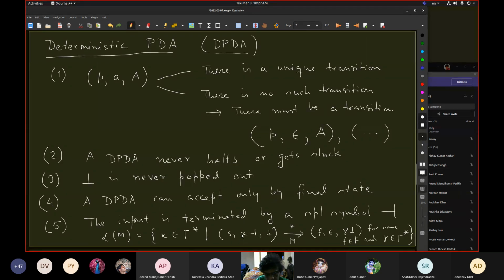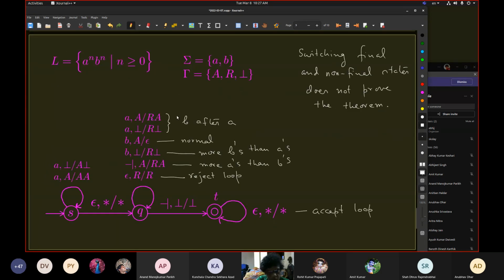It has to accept, after reading everything, the entire input string along with the end of string marker, end of input marker. This machine has chosen to reject by looping in this state without possibly reading the entire input.